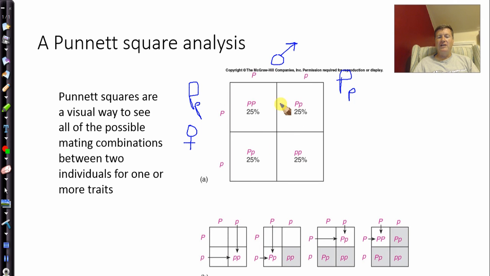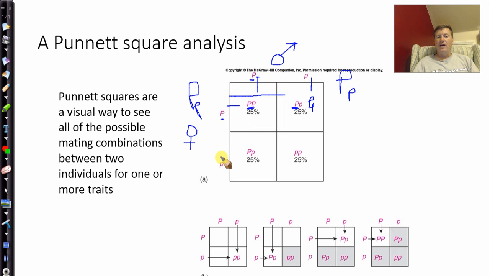What's represented in the middle here is if this particular sperm cell hits this particular egg cell, what do you get for the combination? Since you have a big P here and a big P here, then you get a big P zygote. Okay, if it happens to be this sperm cell hits this egg cell, then it's going to be big P, little p, as you see here.